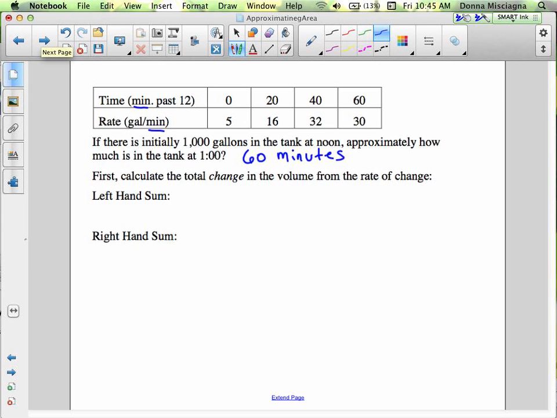All right, so if we want to calculate how much is in something, the total is going to be equal to the starting amount plus the amount added.